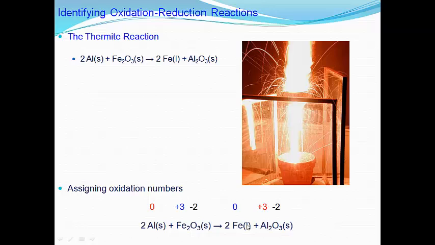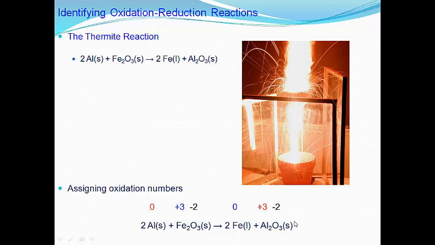And here on the product side, we now have elemental iron, which tells us that we have a reduction of the iron 3 plus to form iron 0, and also we have oxidation of our aluminum from its elemental form to give us aluminum 3 plus. Again, 3 times minus 2 gives us minus 6, and with 2 aluminum, therefore our aluminum species is plus 3.